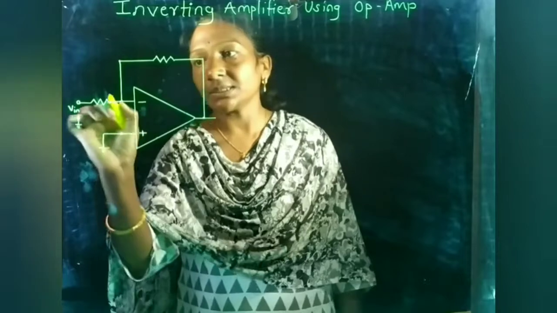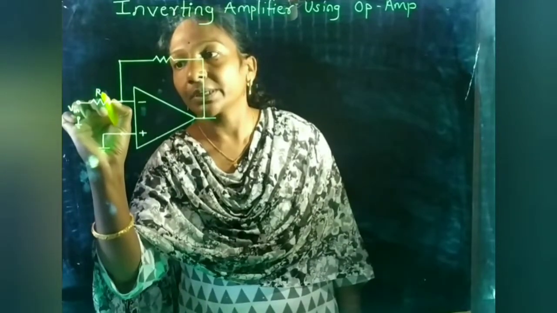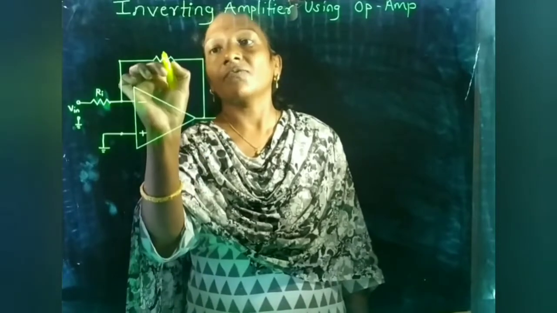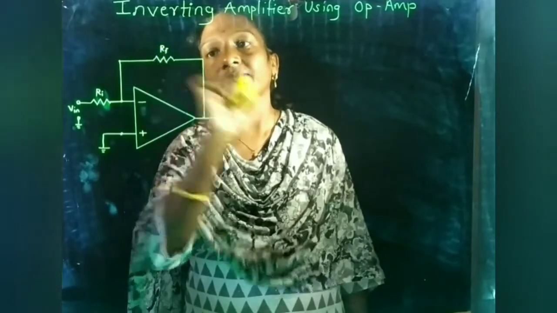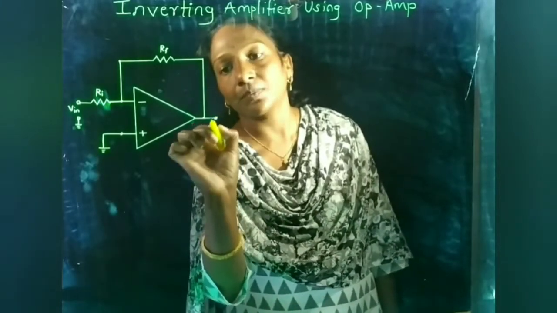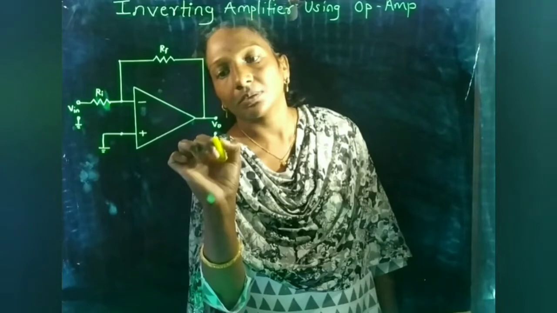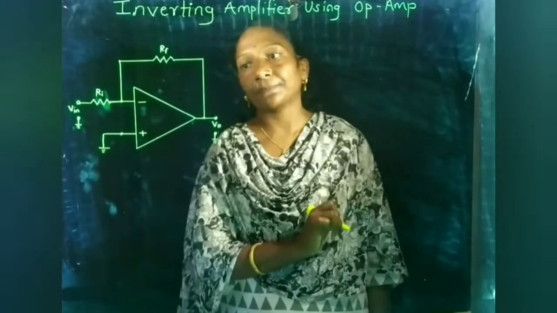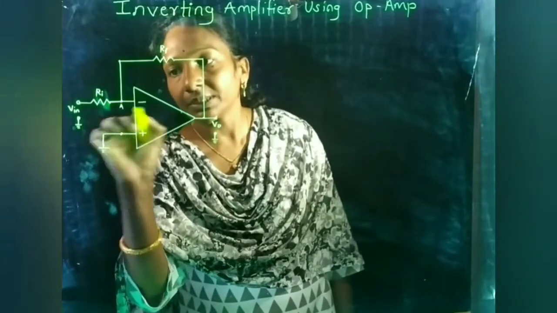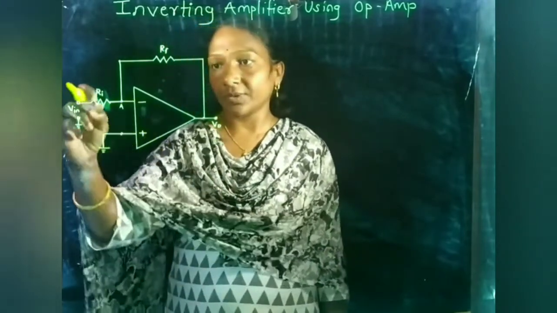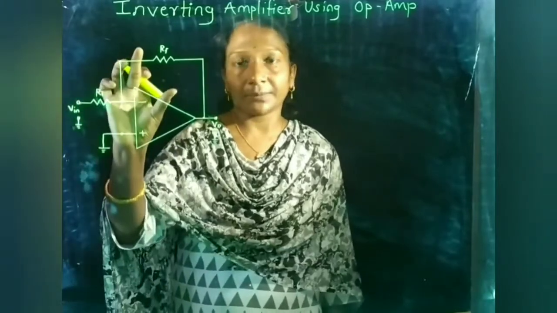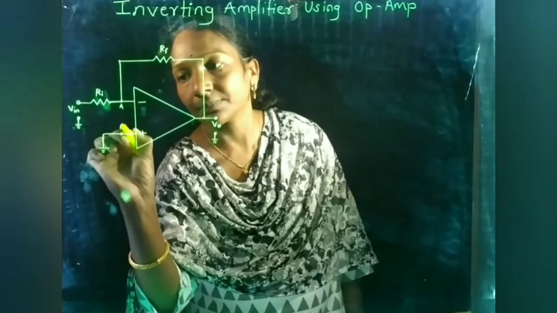This resistance is called the input resistance Ri, and this resistance is called the feedback resistor Rf. And here we take the output voltage V0 with respect to the ground. See here, this point is called A, the node where the input current is divided, and this node is B.